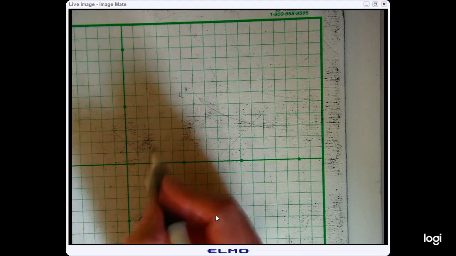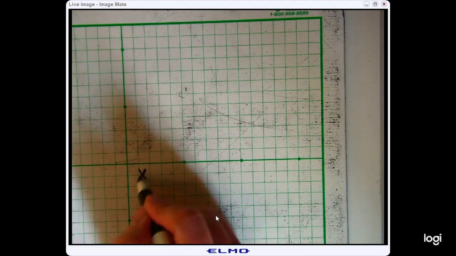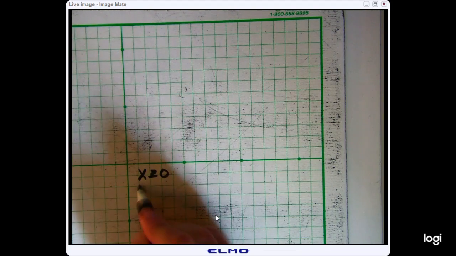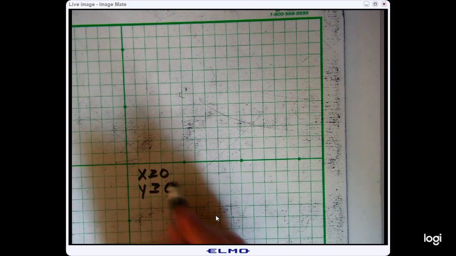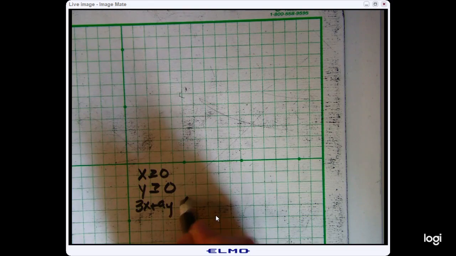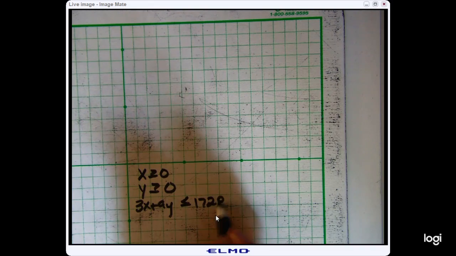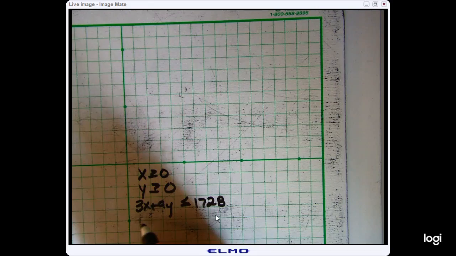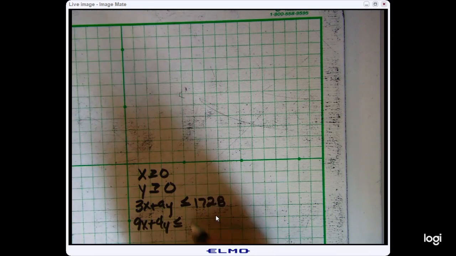Let's remind you what we have. We've got x is greater than or equal to 0, y is greater than or equal to 0, 3x plus 9y is less than or equal to 1728, and then we have 9x plus 4y is less than or equal to 1872.